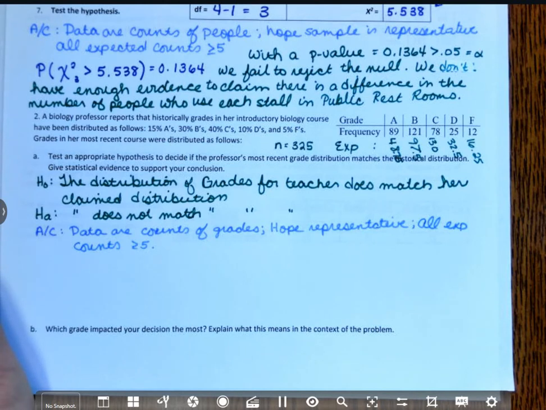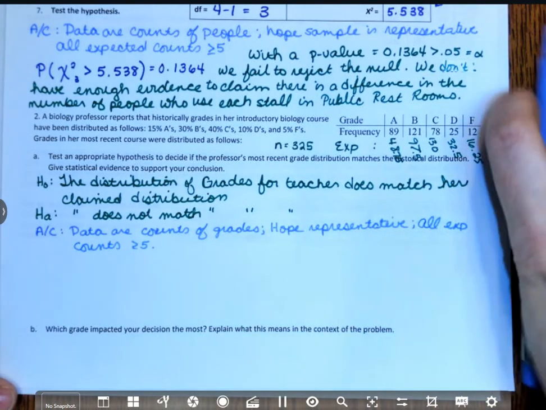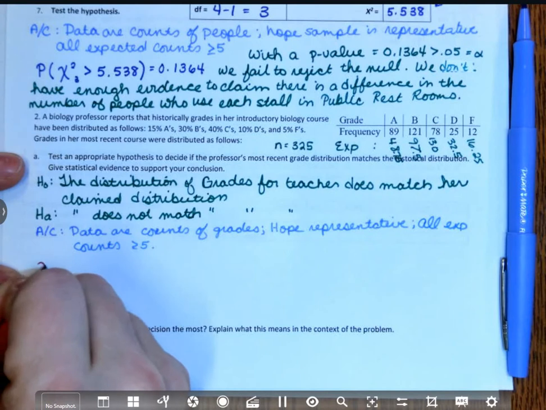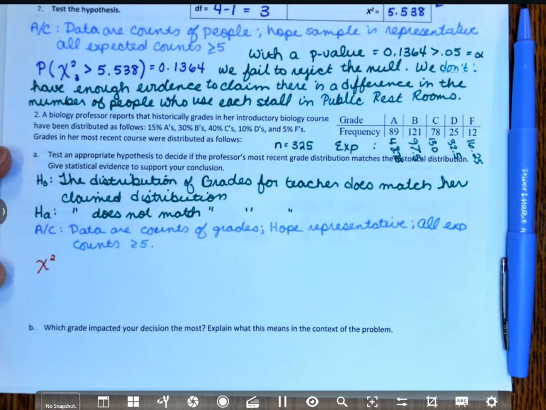Now, my goal here is to show you what is the least amount of work that you need to show. All right, you ready for that? So what I'm going to say is my chi-squared. How many degrees of freedom am I going to be working with on this?